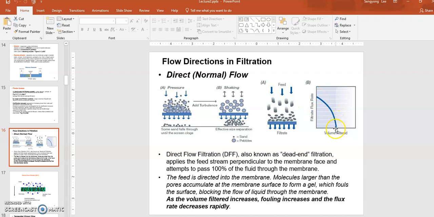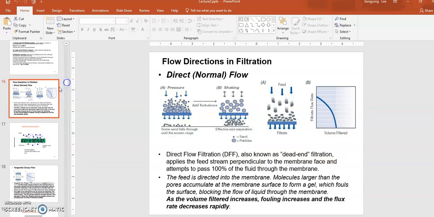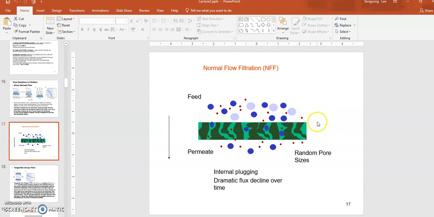The filtration is stopping if you use this direct or normal flow filtration. Okay, so normal flow is fine if you have a very small volume to filter through, but if you have a large volume to filter, this is not the method you want to use, because it presents the dead end fouling effect in your filtration process. So normal flow filtration is vertical flow of your initial material through your filter.